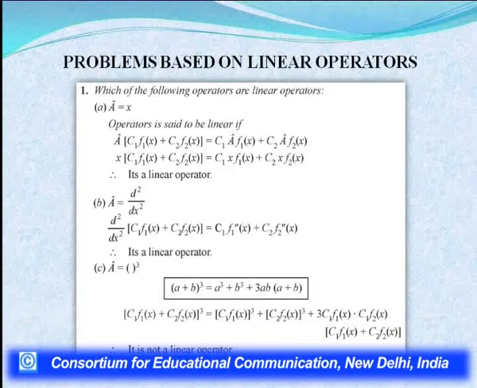Whenever an operator is applied on a function c1 f1(x) + c2 f2(x), for linearity we have to take the addition part, and when the operator is applied, the answer comes out the same. So x applied on c1 f1(x) + c2 f2(x) stays as such, and thus x is a linear operator.